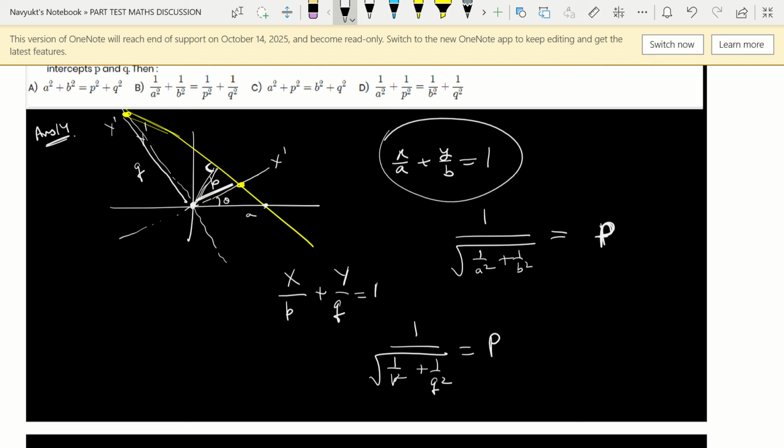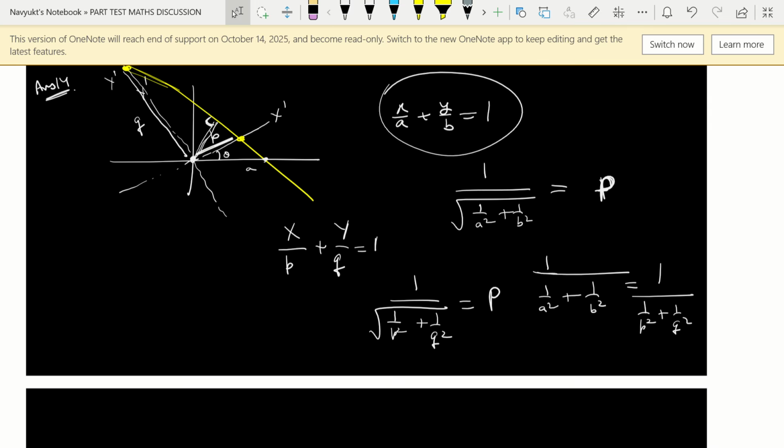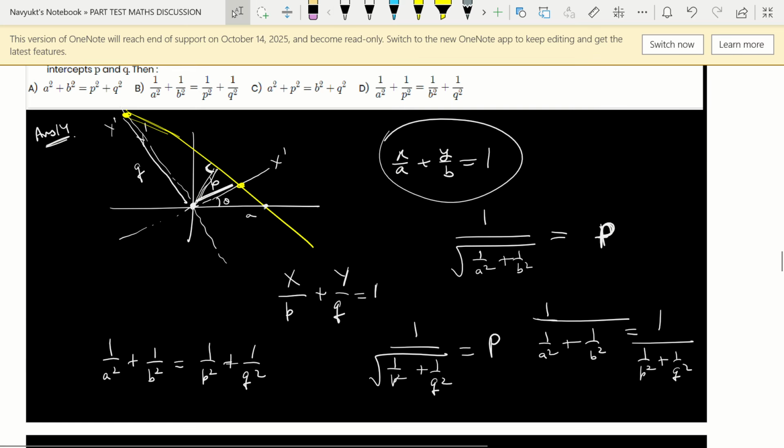We'll square, which will give us 1 upon this is equal to 1 upon this. We'll simply cross multiply and we will get the result as 1 upon a square plus 1 upon b square equals 1 upon p square plus 1 upon q square, which is our option number B.